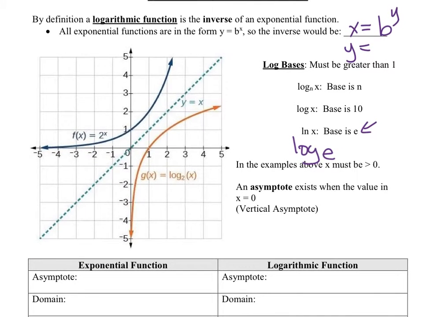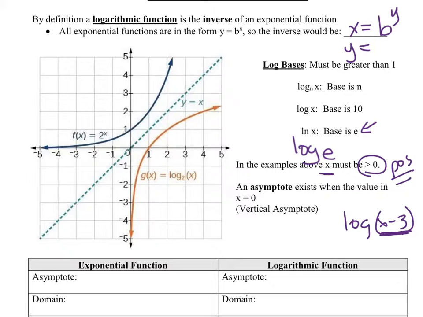So in these examples here, the x, or the value in the x spot, I can write, I don't know, log of x minus 3. This thing must be greater than 0. It can't be equal to 0 or negative. It has to be positive.